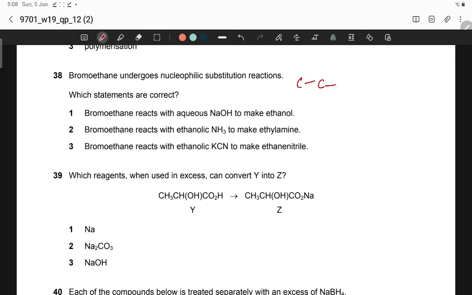This is bromoethane, partial negative, partial positive, and this is OH, forming CCOH plus Br negative.